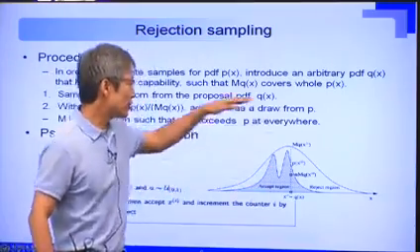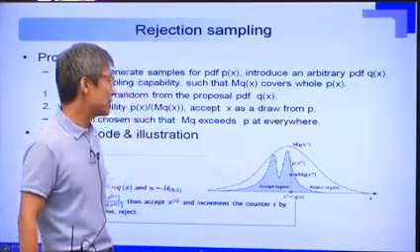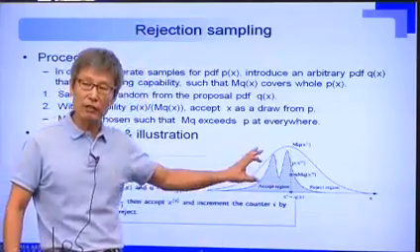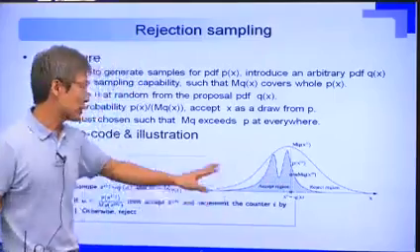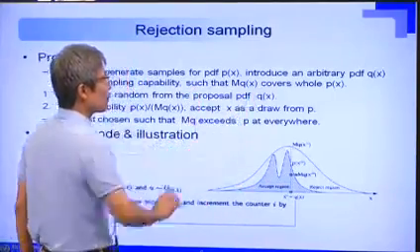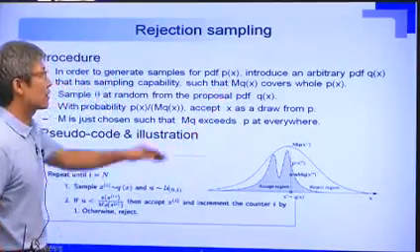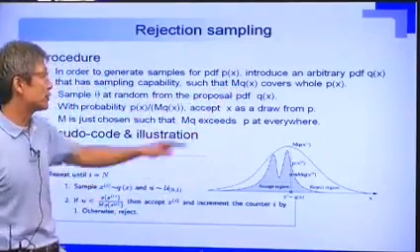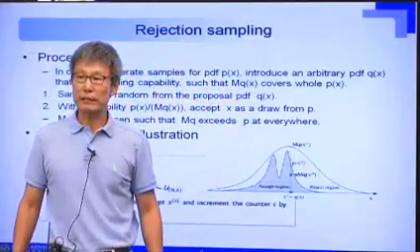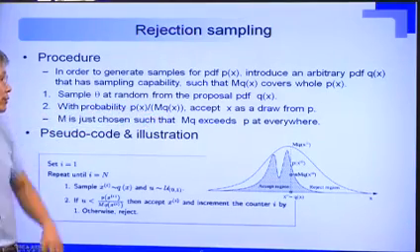Like in this figure, if the target PDF looks something like this, a little strange shape, but this is just an example, the proposal PDF should be multiplied by a constant m, and the result should cover the entire height of this P(x). Based on that, we compute this value.